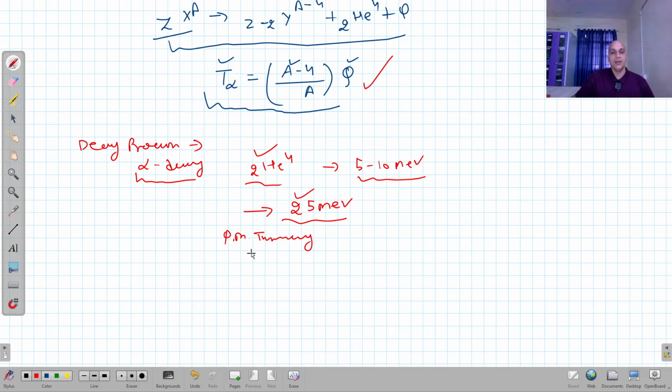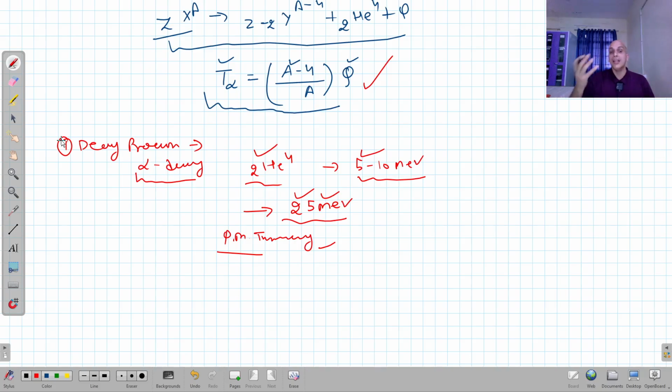So the answer to this is quantum mechanical tunneling, right? It was explained with the Gamow-Gurney-Condon theory of alpha decay, right? I'm not going into all that theory, but the thing is that alpha decay is possible because of quantum mechanical tunneling. Alpha decay takes place when the size of the nucleus is very large and the nuclear forces are not capable of maintaining all the nucleons inside the nucleus.